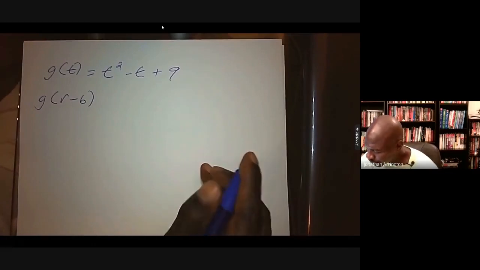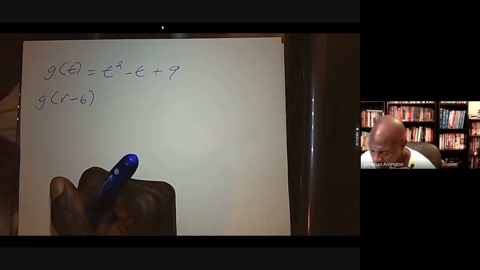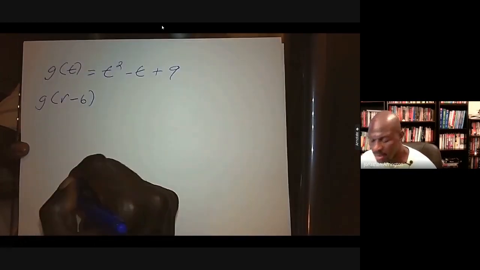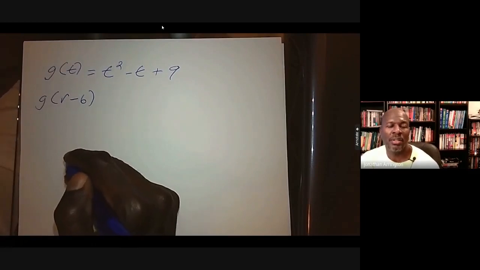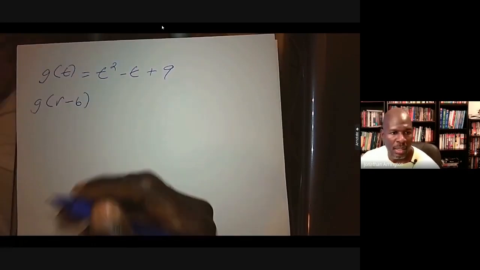And this is something that will come up where we want to evaluate functions with a variable expression or an algebraic expression versus a numerical value. It happens, folks, so we have to be able to deal with it.